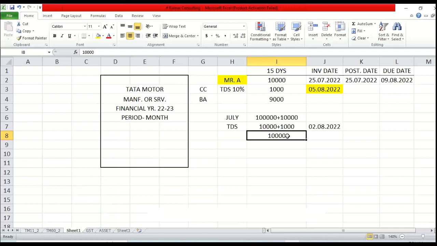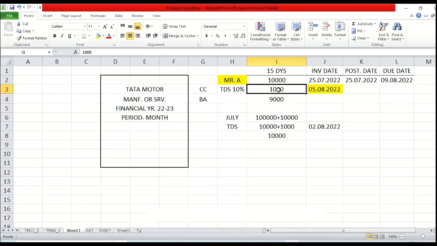So here is the problem. Now what will happen, guys? What about the management of Tata Motor? They will never allow, and never accept, such kind of mistake.